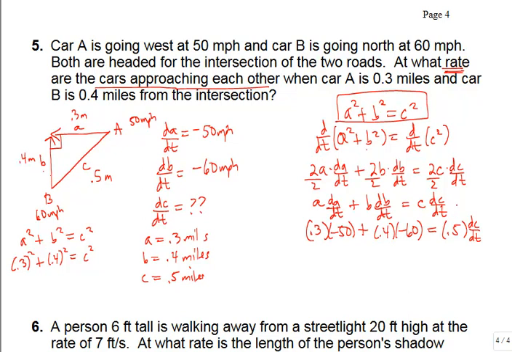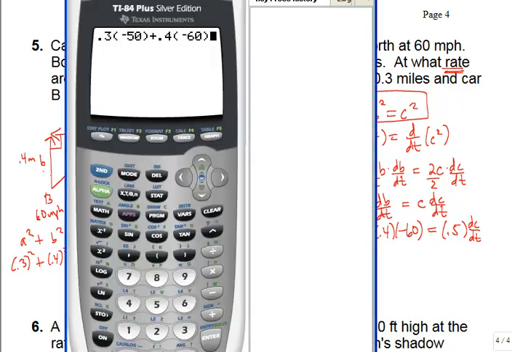Okay? And now we're ready to substitute in and figure out our values here. If I pull up my calculator, I'm just going to type in 0.3 times negative 50 plus 0.4 times negative 60 and hit enter.